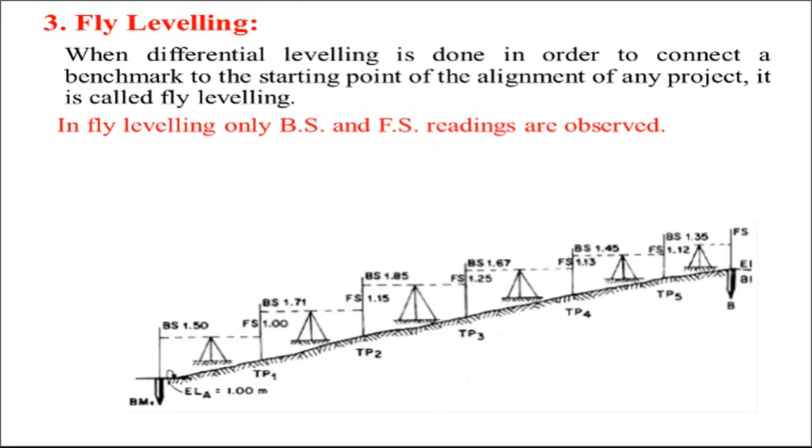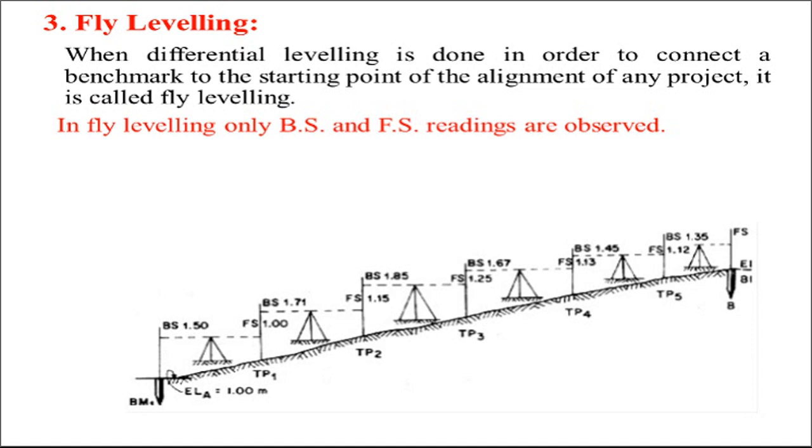Next one, fly leveling. When differential leveling is done in order to connect a benchmark to the starting point of the alignment of any road survey project, railway survey project or any civil engineering project, it is called fly leveling. In fly leveling, only backsight and foresight readings are observed.